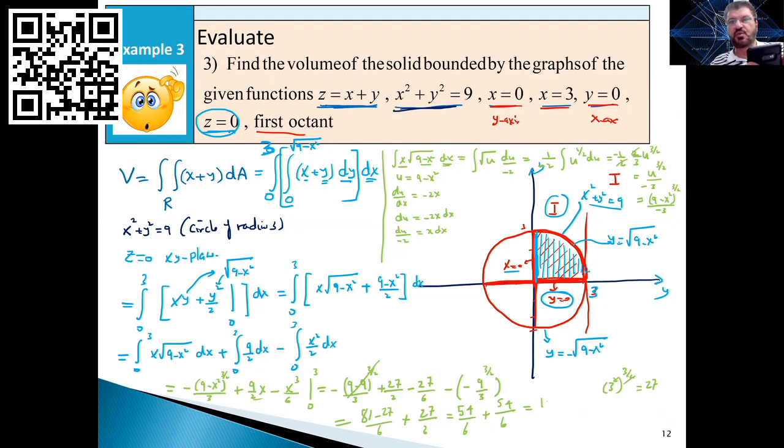So this is going to be 108 over 6, which is equal to 18. This is, guys, the volume of this solid. Could be centimeter cubed, could be meter cubed, whatever the unit is. All right, so this is the volume of the solid.